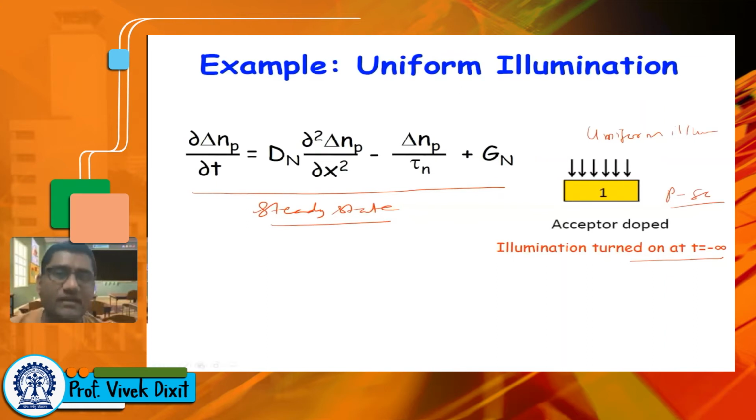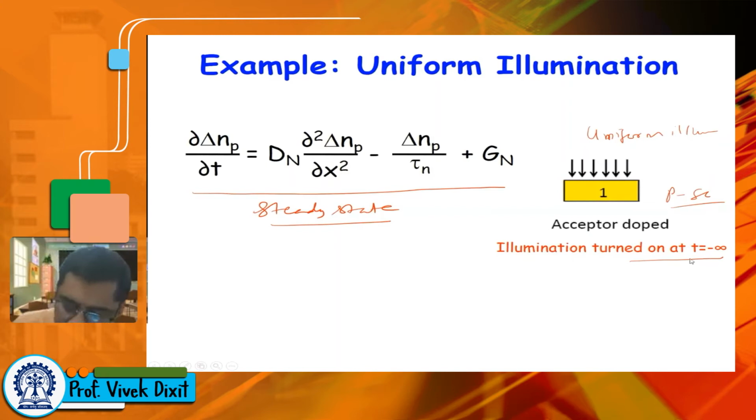To begin solving this problem, first of all we have to check: if it is a steady state, then the derivative will become 0, right? So let's consider two cases: illumination at t equal to minus infinity, and illumination at t equal to 0.